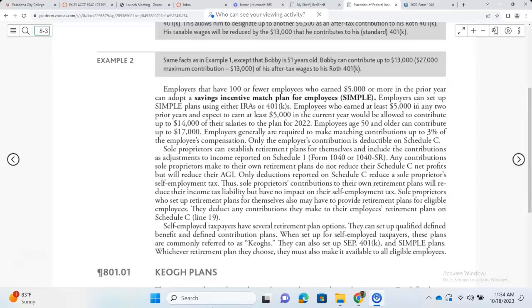Employees who earned at least 5,000 in any 2 prior years and are expected to earn at least 5,000 in the current year would be allowed to contribute up to $14,000 of their salaries to the plan for 2022. Employees 50 and older can contribute $17,000. Employers generally are required to match up to 3% of employees' compensation.